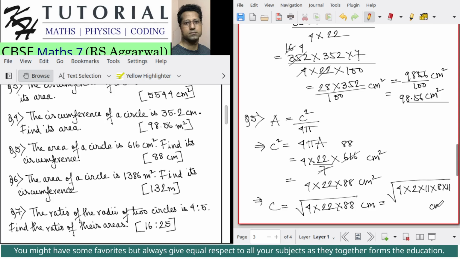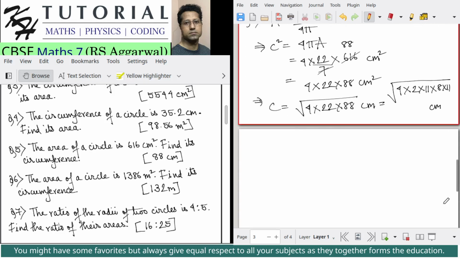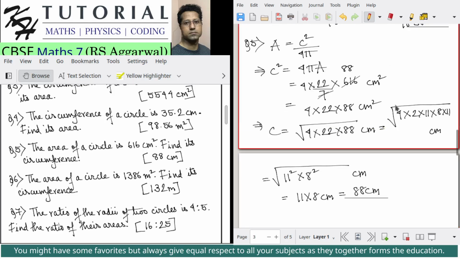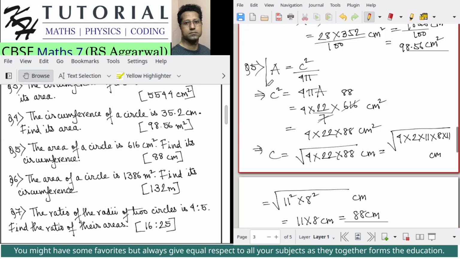This is equal to square root of 11 square into 8 square, this much centimeter. So this is equal to 11 into 8 centimeter, which is equal to 88 centimeter. So the circumference is 88 centimeter. So this is an important formula you must remember, that relates circumference and the area of a circle.